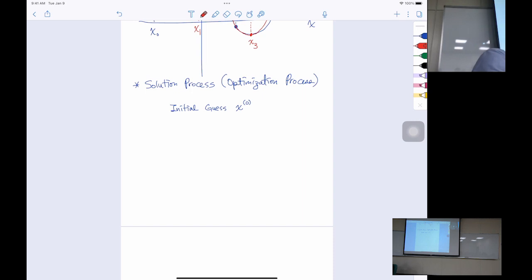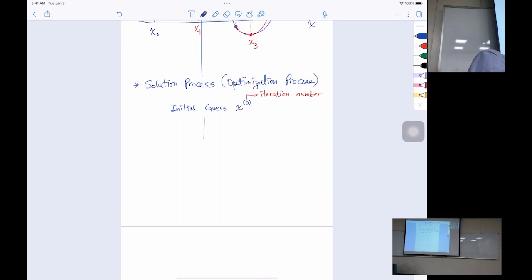That is called the iteration number. So every time we repeat this process, we call this an iteration, and we give an index for this iteration. Okay? So you have an initial guess, x0.